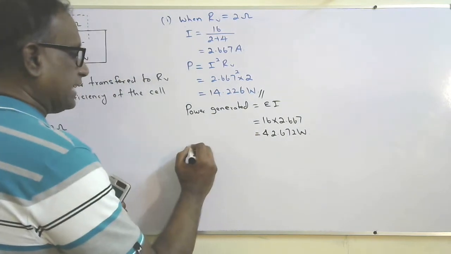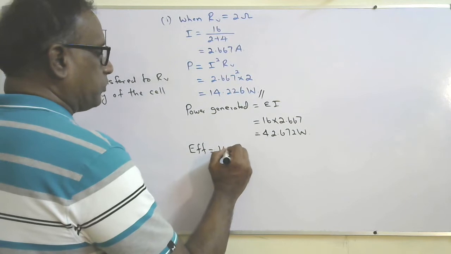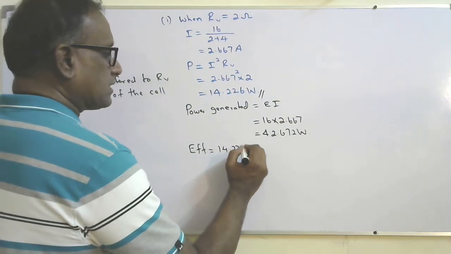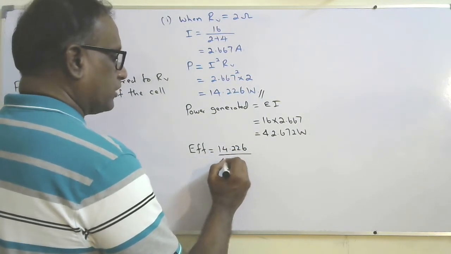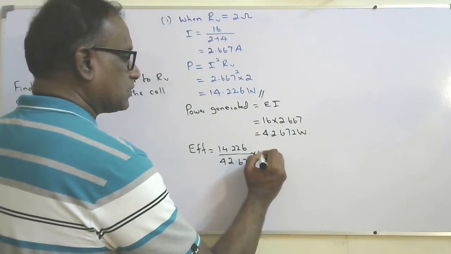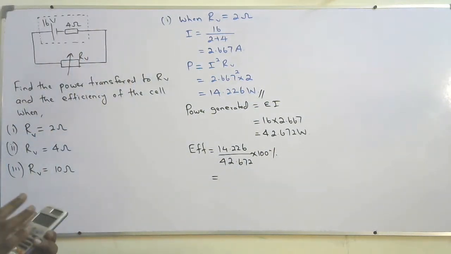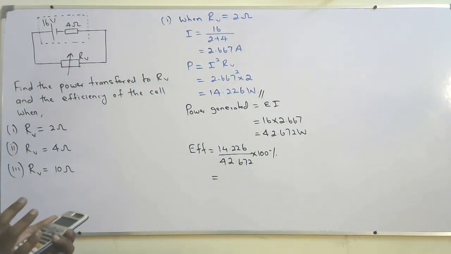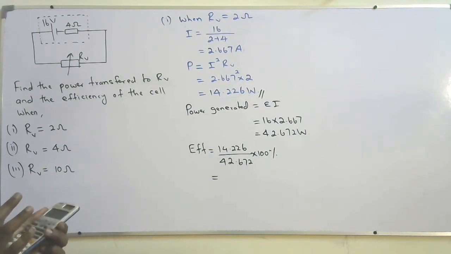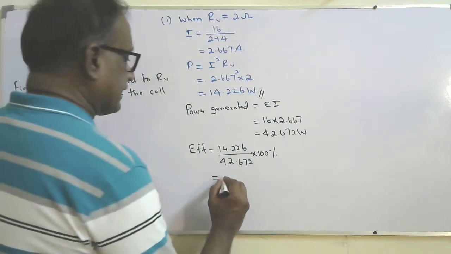So efficiency is 14.226 over 42.672. That will be 33.7%.